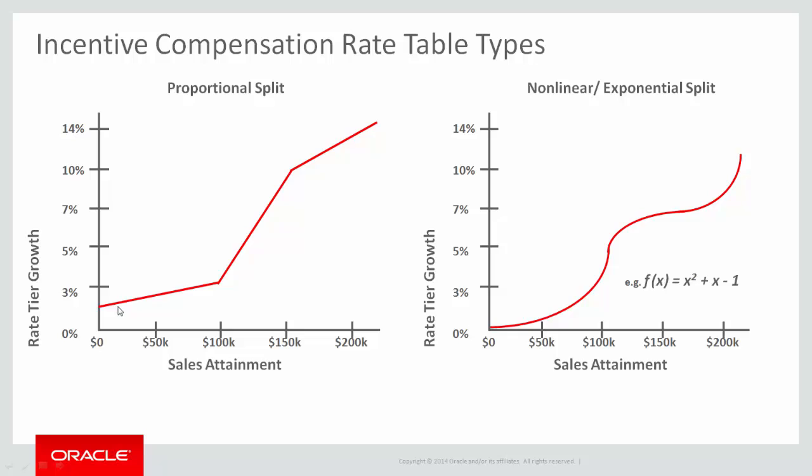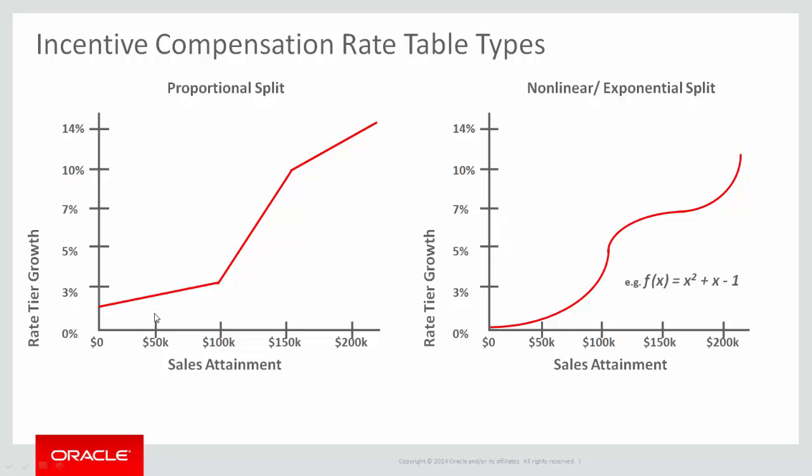So it's increasing on a slope up until it looks like $100,000. Then at $100,000, there's an inflection point, and then there's a steeper slope. And so the percentage per dollar grows, the slope increases up to, say, 150,000. And then it doesn't plateau in this example at 150,000, but it is less steep as it climbs additionally.